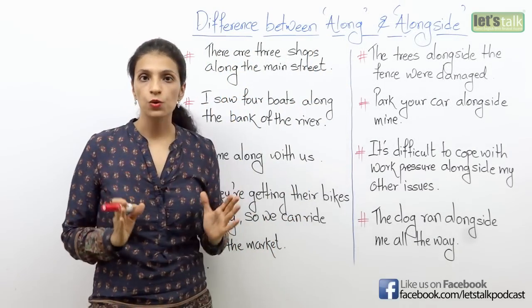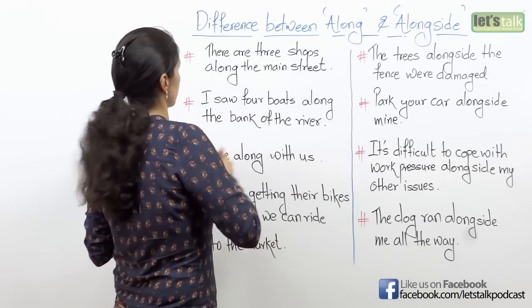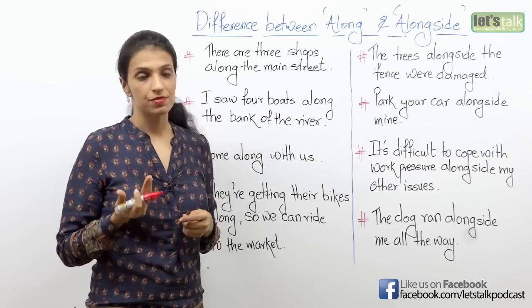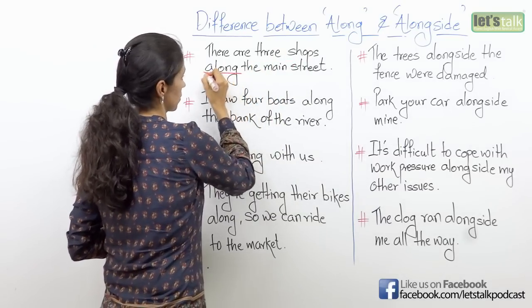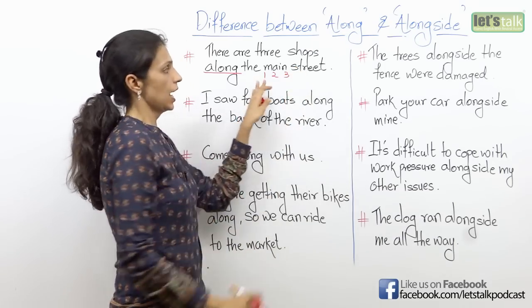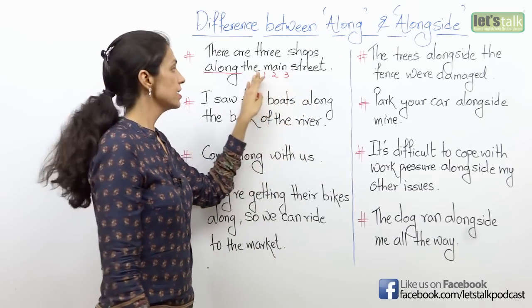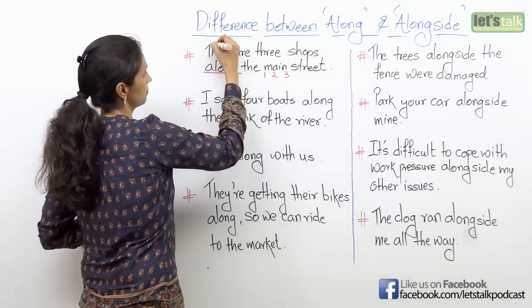We use along when you want to say in a line, like something is in a line, alright? So for example, if I tell you, there are 3 shops along the main street, okay? That means shop 1, shop 2, shop 3. And this is what I mean, okay? In a line next to each other, I use the word along.